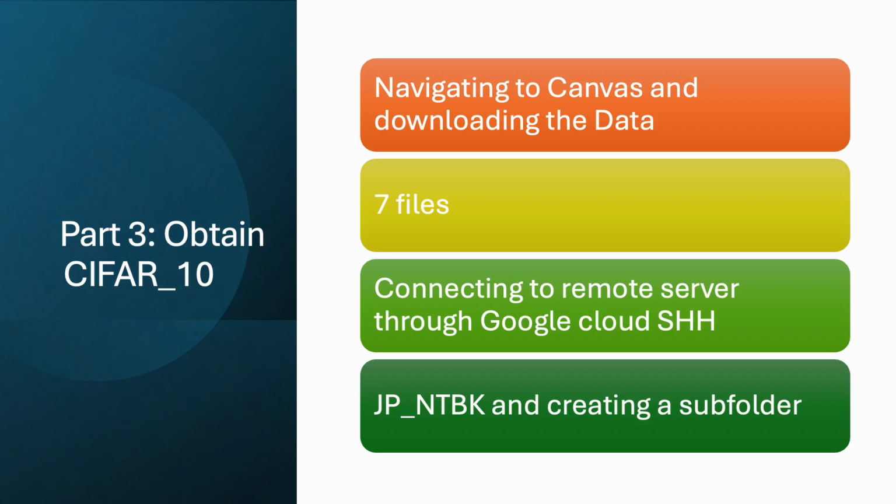To do so, I first needed to connect to the remote server through Google Cloud SSH. From there, I navigated to my Jupyter Notebook folder, and to upload all the files under one folder, I created a subfolder inside of the Jupyter Notebook folder. That folder was named CIFAR 10 data.